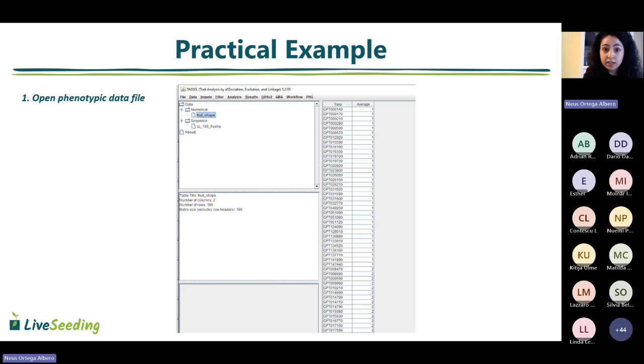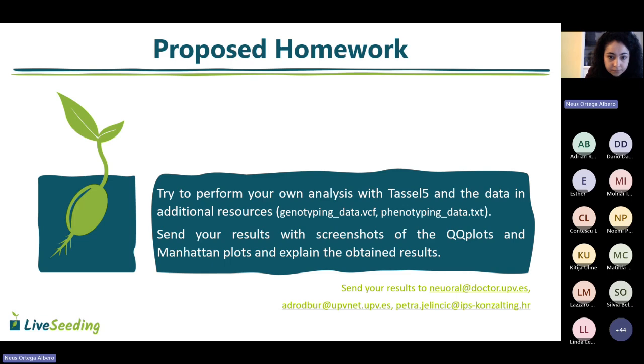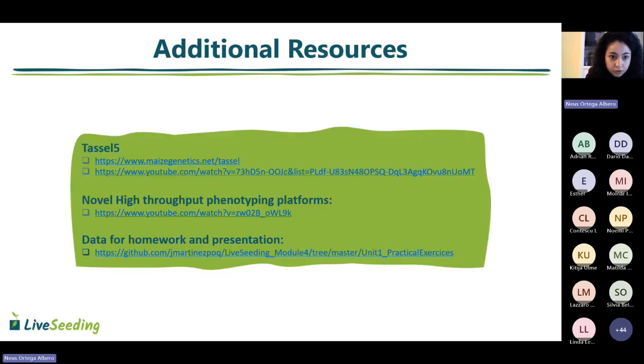So if you want, I give you 5 minutes to download the program and everything. I share it here. Where can you download Tassel? I give you 5-10 minutes to download Tassel. Okay.